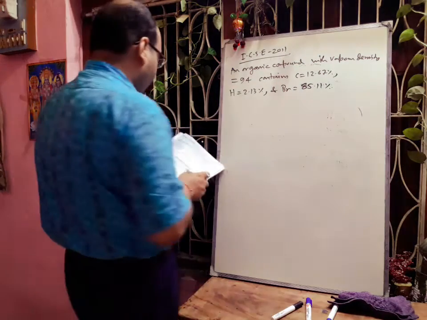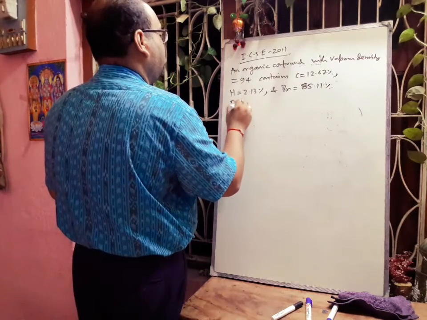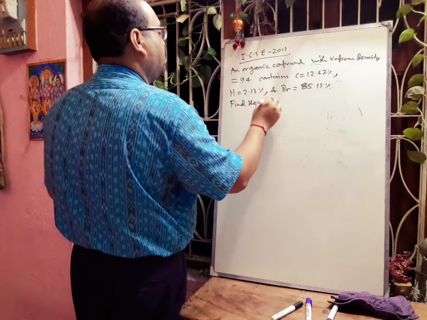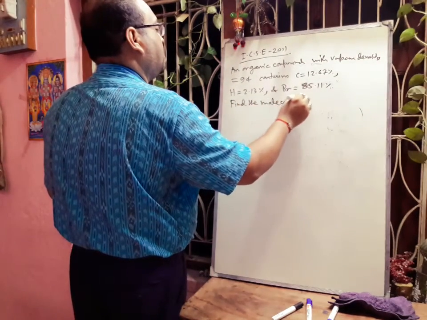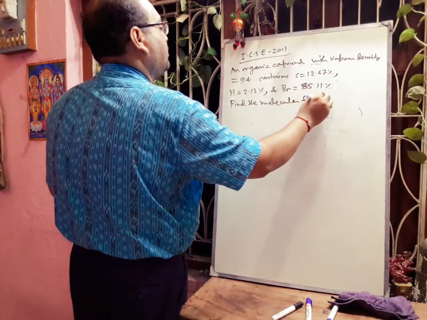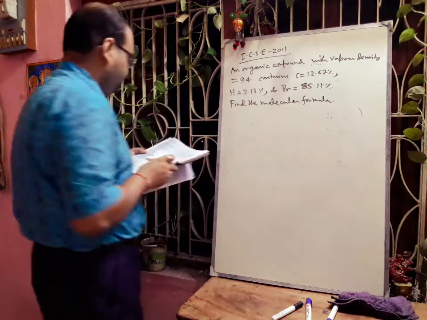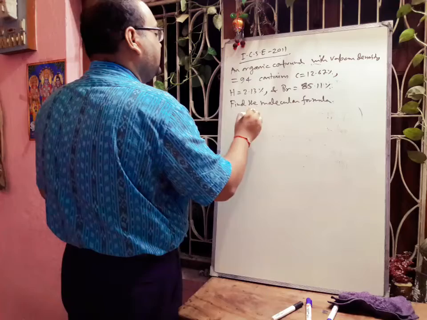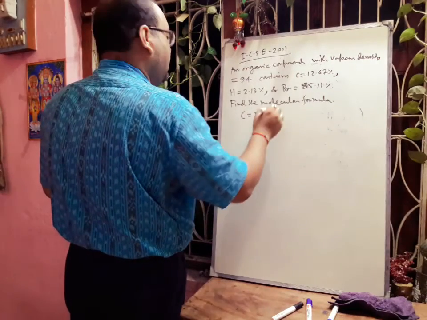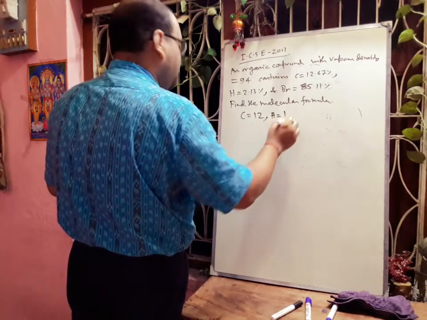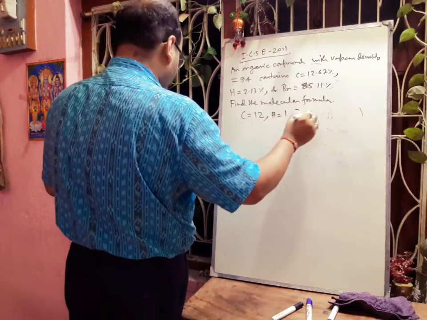Okay, find the molecular formula. Here atomic mass is supplied: carbon is equal to 12, hydrogen is equal to 1 and bromine is equal to 80.